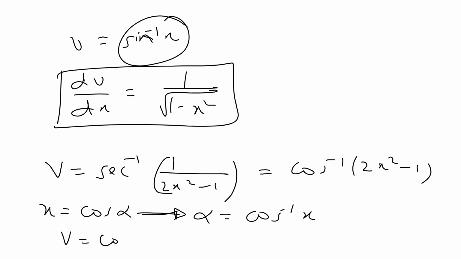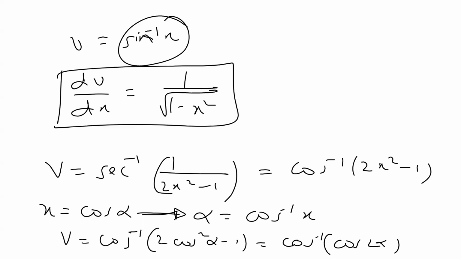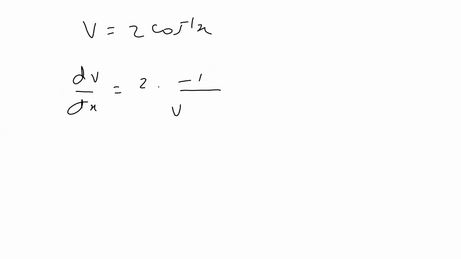So v is equal to cos inverse of 2 cos square alpha minus 1. Now 2 cos square alpha minus 1 is cos 2 alpha. So v is equal to 2 alpha. So put the value of alpha. Alpha is equal to cos inverse of x. V is equal to 2 into cos inverse of x. So dv by dx is equal to 2 into minus 1 upon root of 1 minus x square.